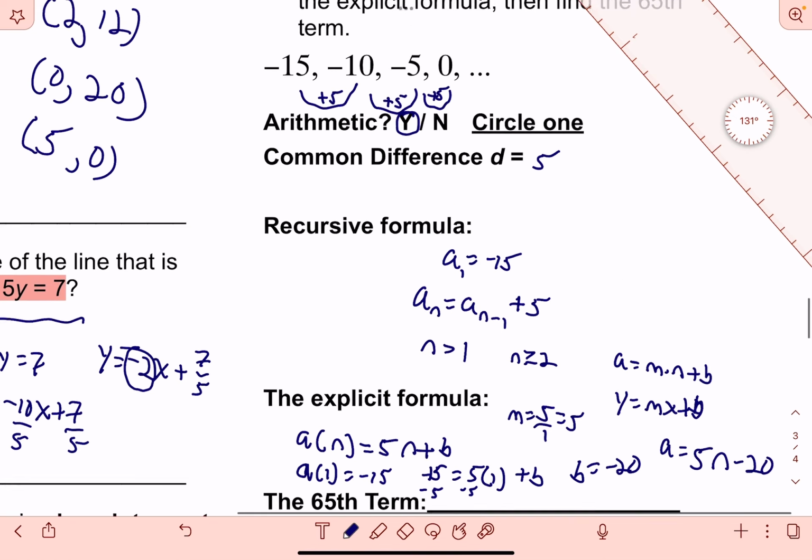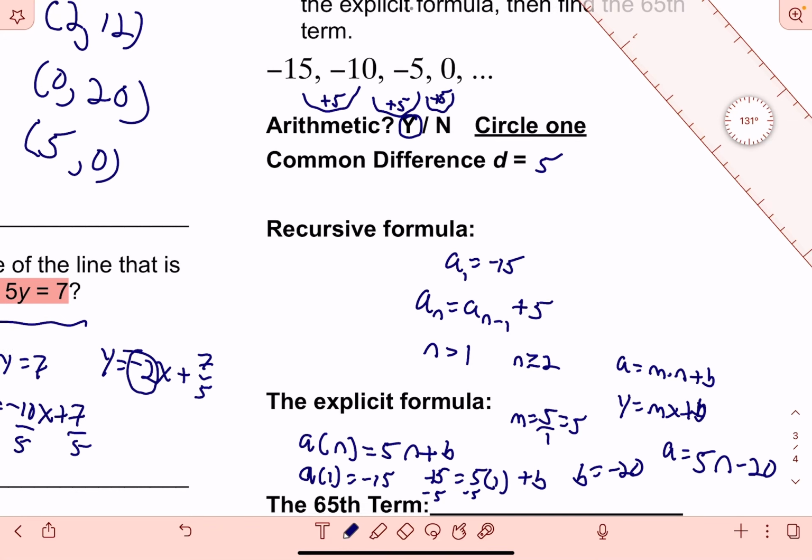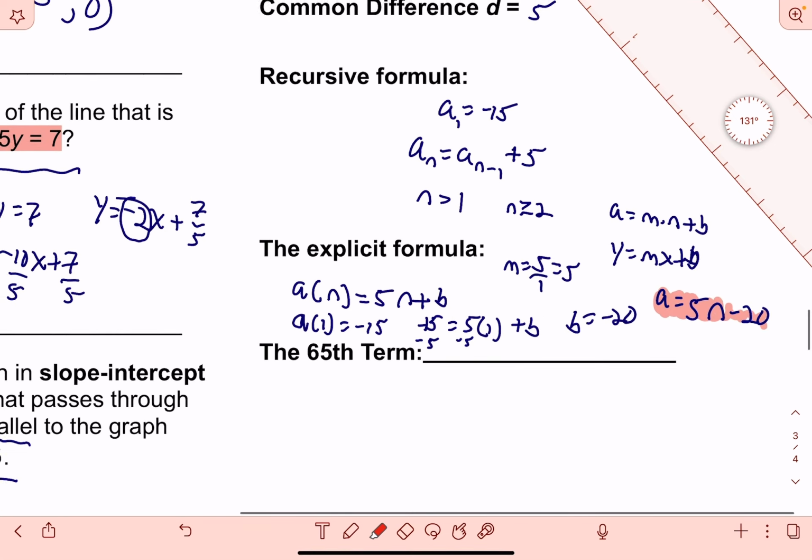Now we can check. Is the first term negative 15? Put in n equals 1: 5 minus 20 is negative 15. Is the second term? Put in n equals 2: 5 times 2 is 10, minus 20 is negative 10. That works, so this seems to work. You could also have said y equals 5n minus 20, but I used a.